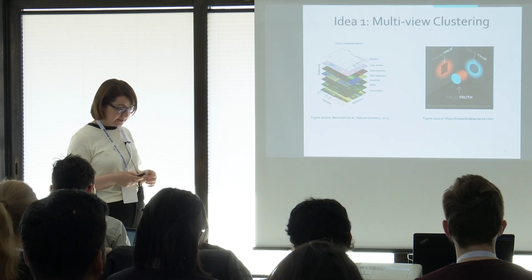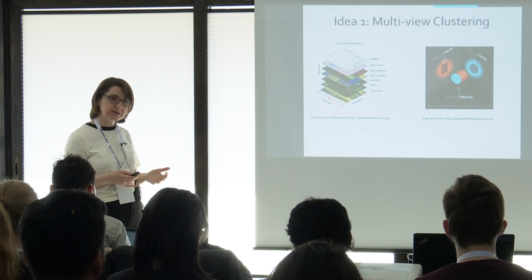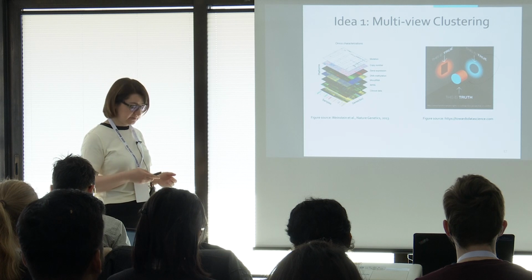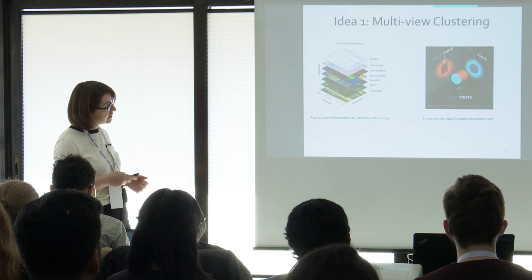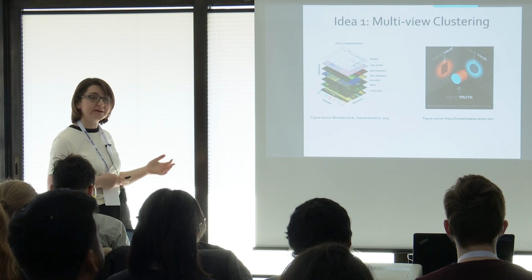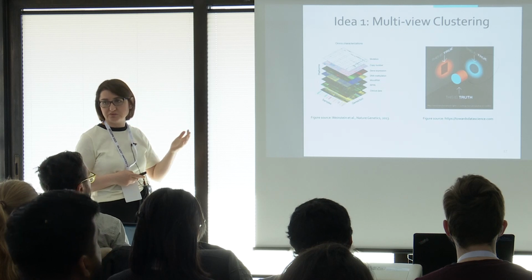In clustering, whenever we have this type of data, it is studied under the name multi-view clustering. Like shown in this picture, you might have different projections of the truth. And if you combine them, you can get a better understanding of what the truth should be, right?